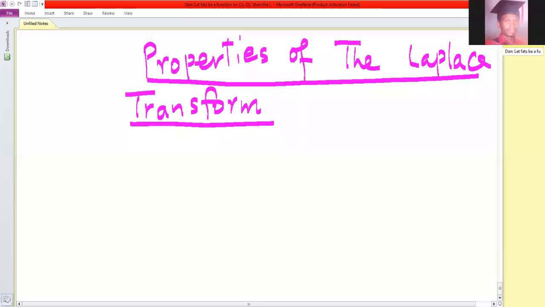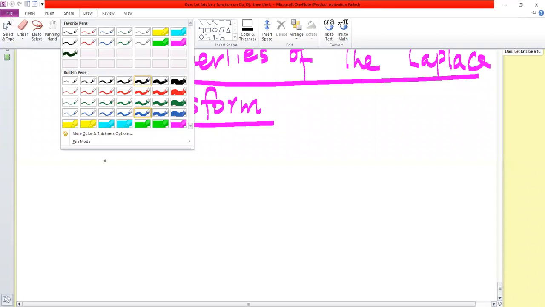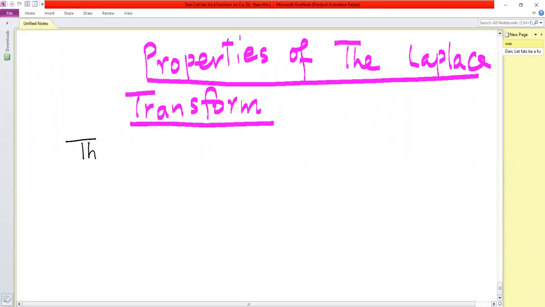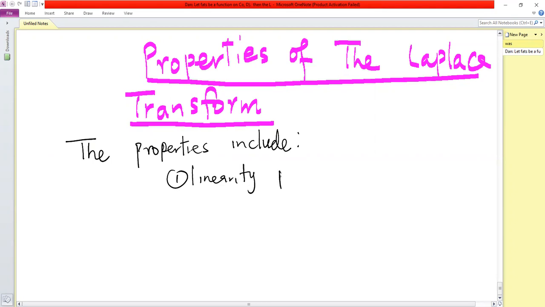So first, let's list the properties. The properties include: one, we have the linearity property. Number two, we have what we call the shift theorem or shift property.